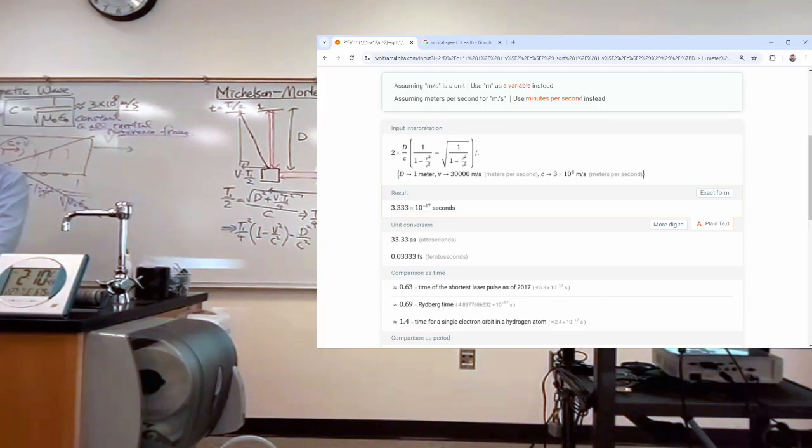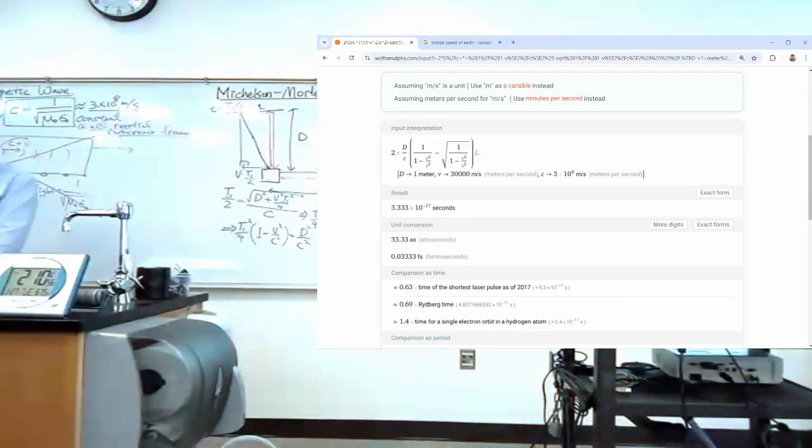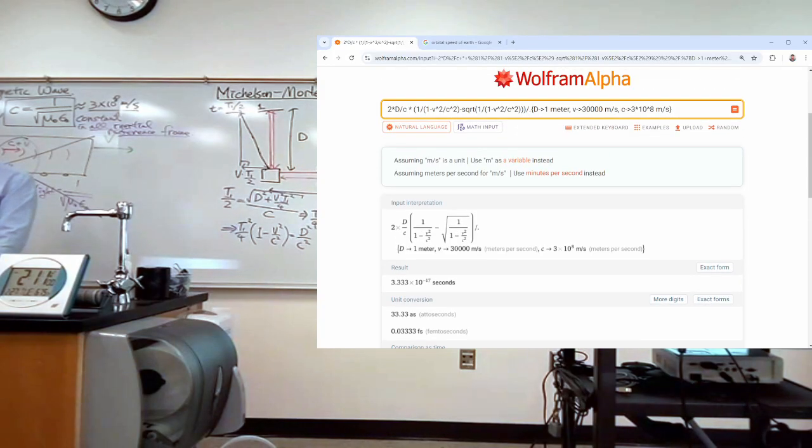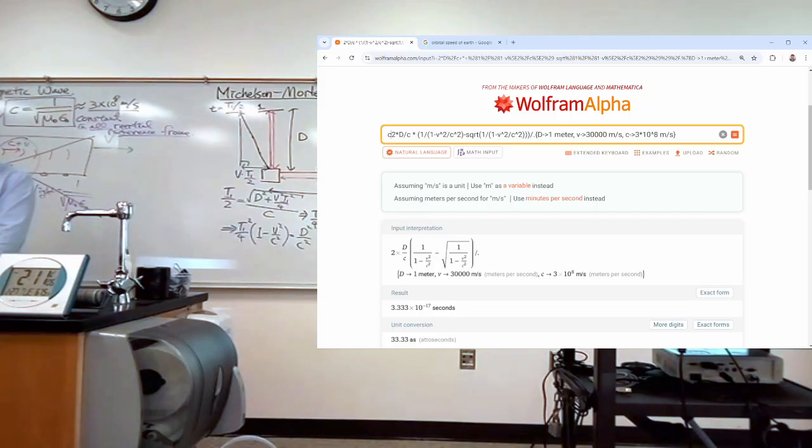That doesn't sound like a lot of time. In fact, that sounds awfully short. Let me try converting it to wavelength, because wavelength is what I have intuition for. So it was 3 times 10 to the minus 17 seconds, right? Wavelength is speed of light divided by frequency, or speed of light times the period.